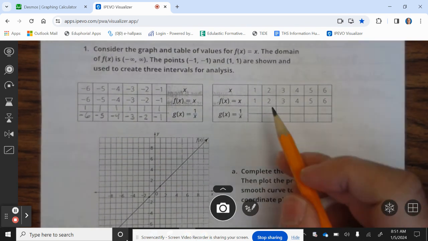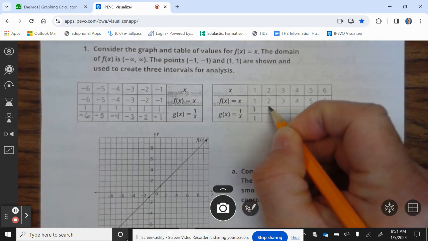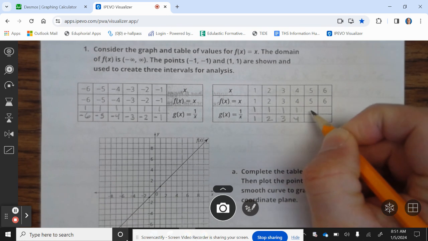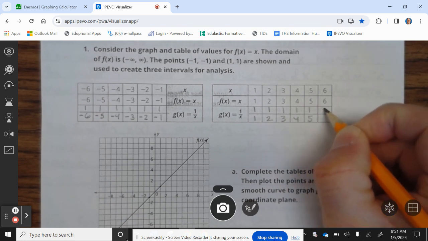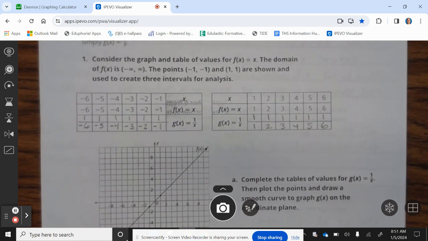This would be 1 divided by 1, 1 divided by 2, 1 divided by 3, 1 divided by 4, 1 divided by 5, 1 divided by 6.